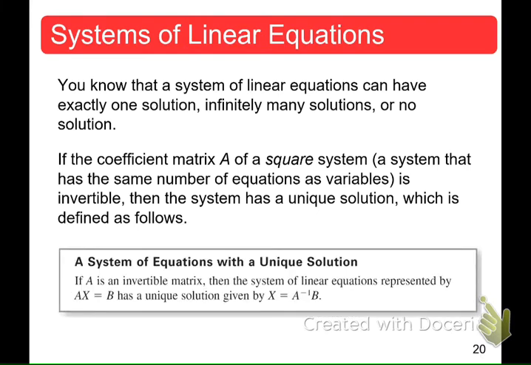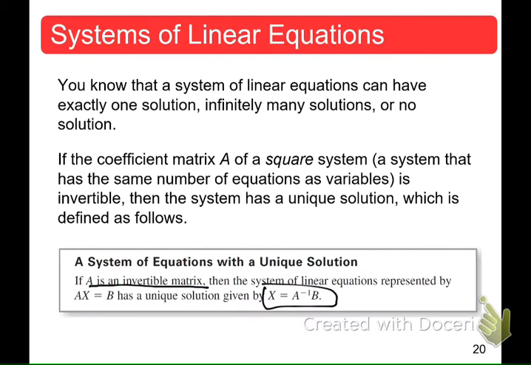And what is that unique solution? It's going to be defined as follows. If A is an invertible matrix, then the system of linear equations represented by AX equals B has a unique solution given by this here.